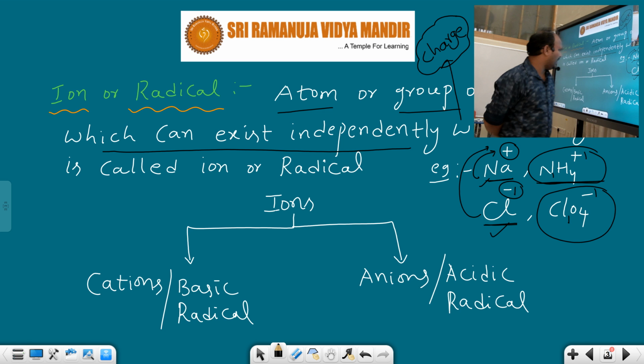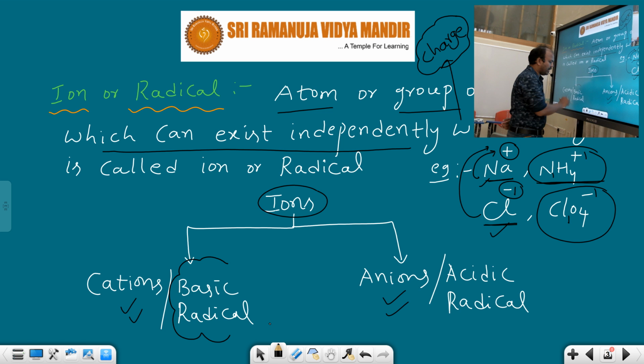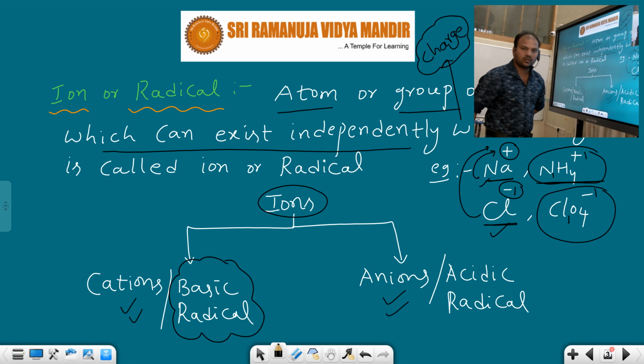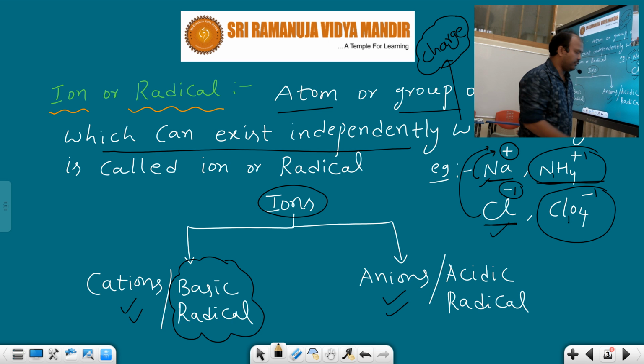Generally ions are of two types: cations and anions. Cations are called basic radicals. Why are cations called basic radicals? Later I will give a brief explanation. The second type of ion is the anion.